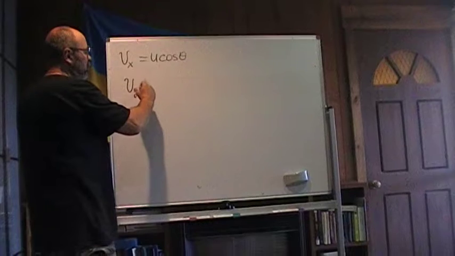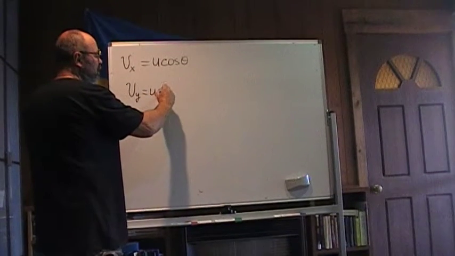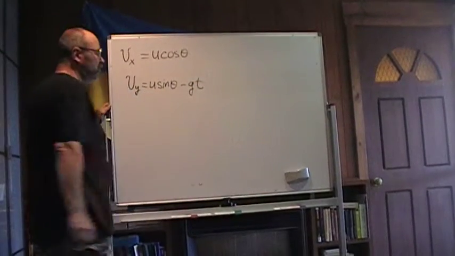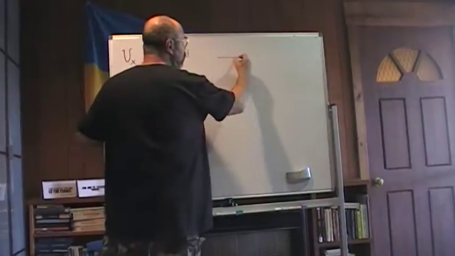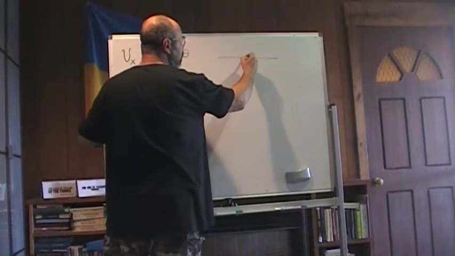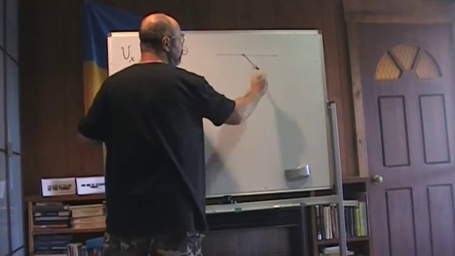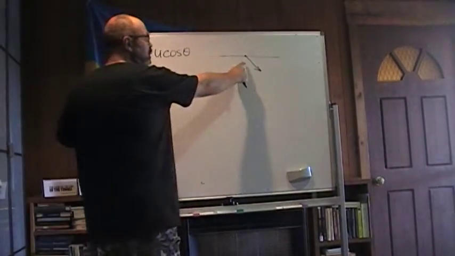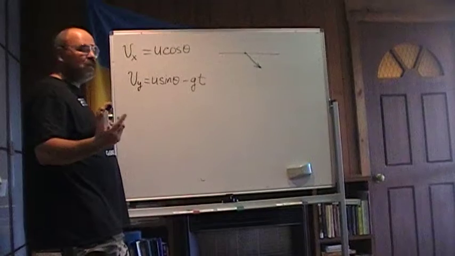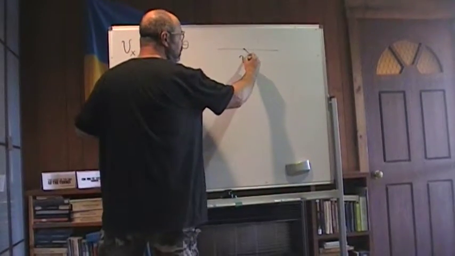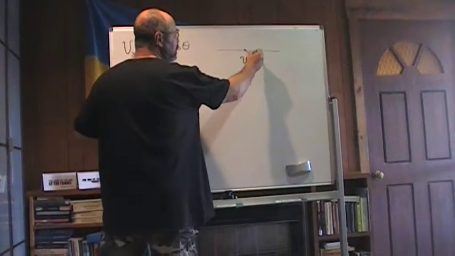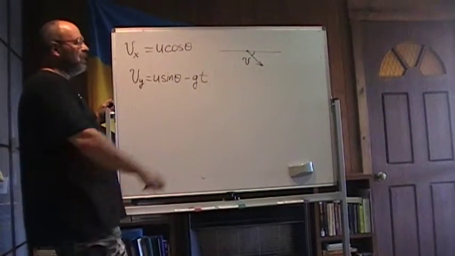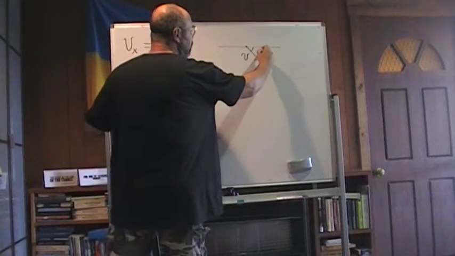In the y direction we will have u sine theta minus gt. And to find, let's say it hits the ground here, to find the velocity here, finding the velocity means finding the speed v and the angle at which it will hit the ground.